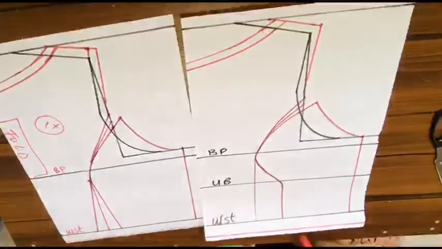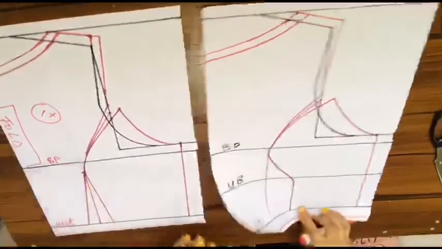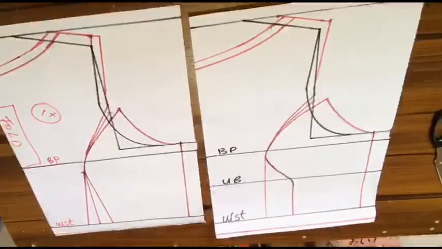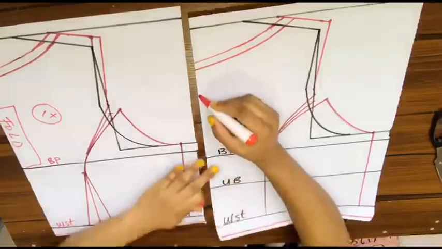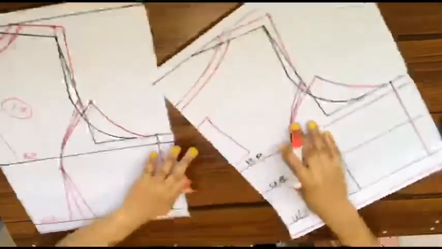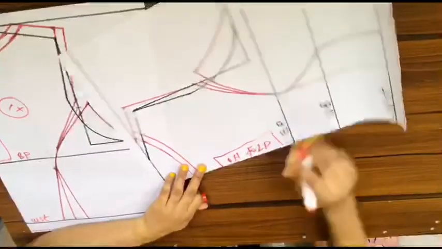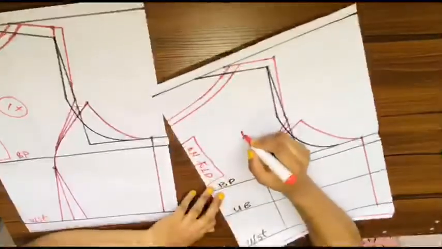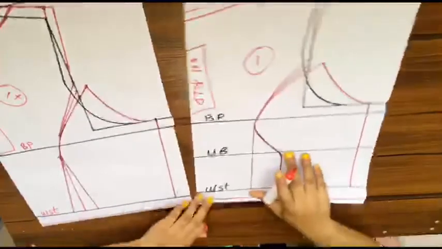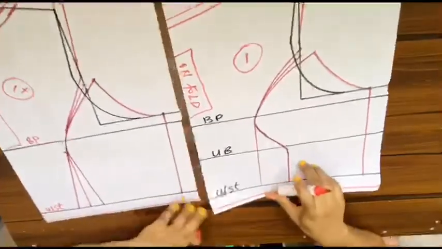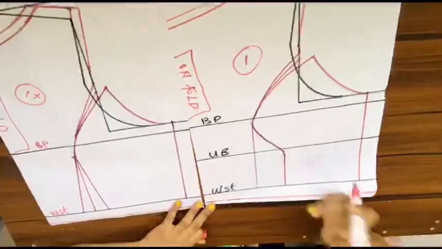So this is the classic princess dart and this is the modified, so whichever one you prefer, make sure that you cut it on fold, and you are also cutting one piece. So this is just basically the major difference.